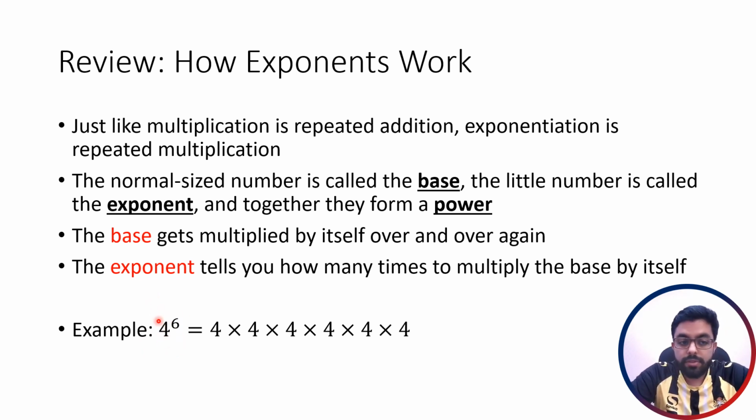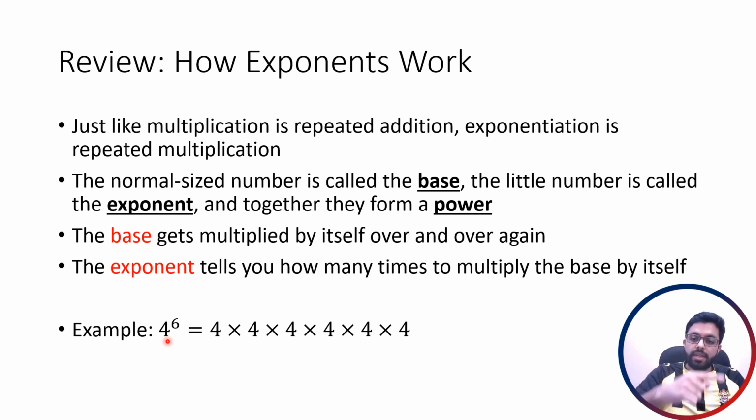Well, the base, so the normal size number, this 4, is the number that's going to get multiplied by itself again and again, right? So you've got a bunch of 4s being multiplied together because the 4 is the base. The exponent tells you how many times to multiply the base by itself. So here our base is 4, so that tells us that we're going to be taking a bunch of 4s and multiplying them together.